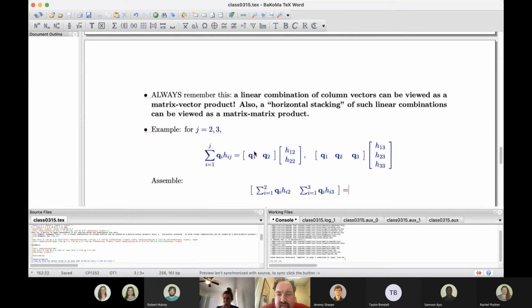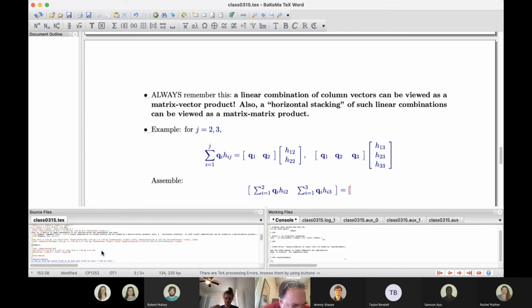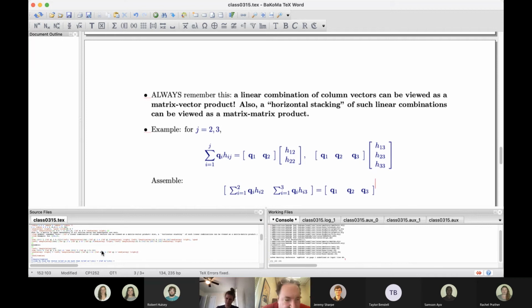Here, the vectors in question come from the same set. Here I'm only using 2 of them, Q1 and Q2, and then also Q3. So I could express this as a matrix consisting of Q1, Q2, and Q3, times another matrix consisting of the coefficients.